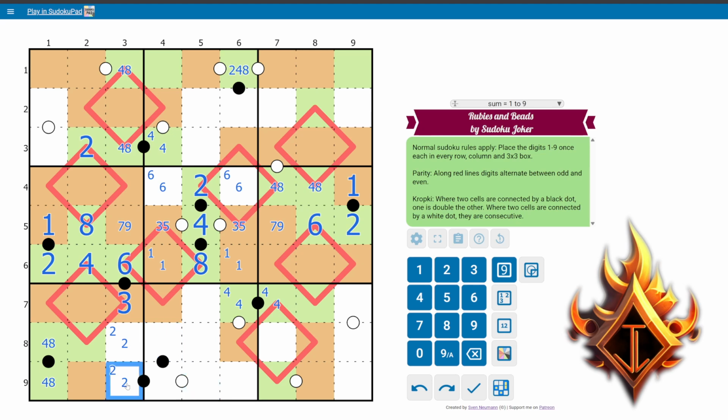Oh no, that would not work. But it could be 4. There is a 6 over here. That'll be with 5 or 7. There will be a 6 here then.